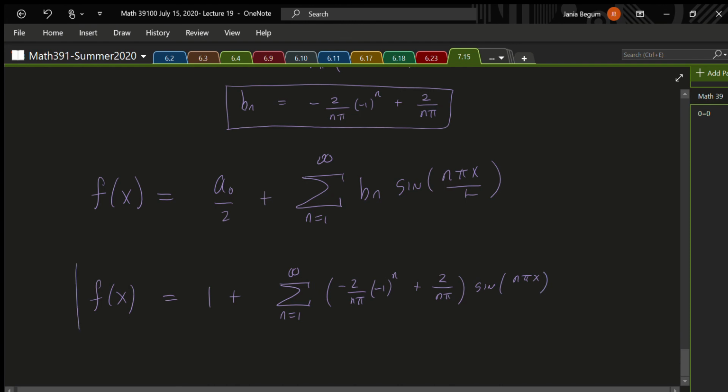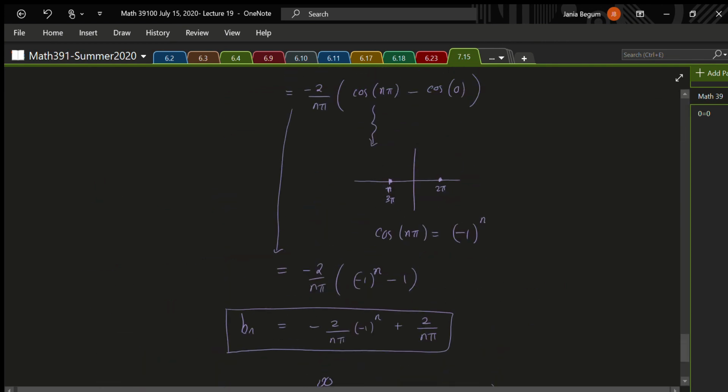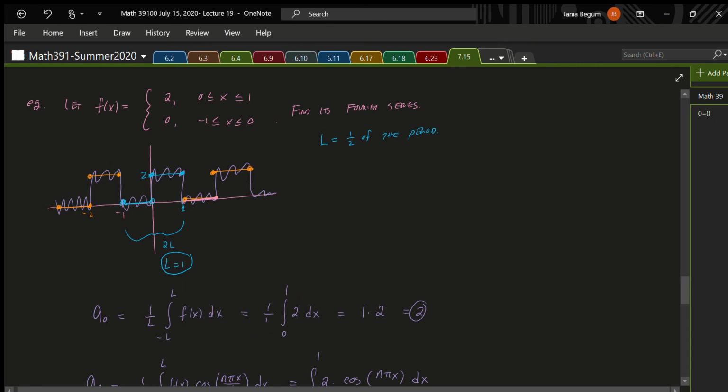So that's the Fourier series representation for this given problem. And now if you write out more terms by expanding this summation, say 2 terms or 3 terms or 6 terms, as many terms as you want, you'll see the approximation to this graph is going to be much closer to the one we have.